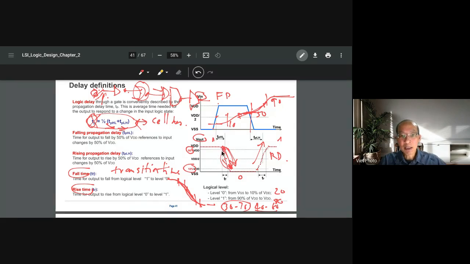When the signal goes from high to low, the N transistor is turned on with higher current, so this one is fast. When you go from 0 to 1, the P transistor is turned on and it charges through the P transistor. If the P transistor has a high resistance, the current is small, so it will charge slowly like this. Because it charges like this, TPHL and TPLH are not balanced.